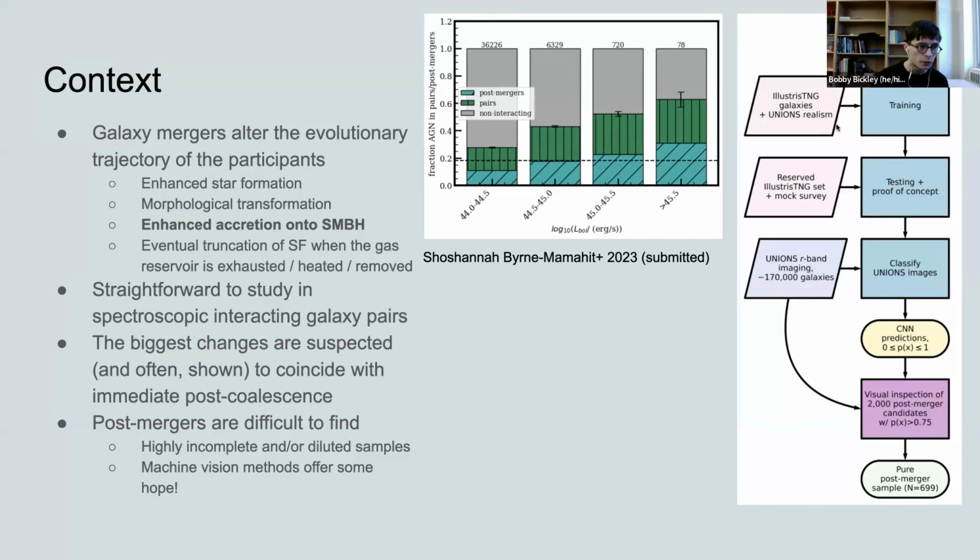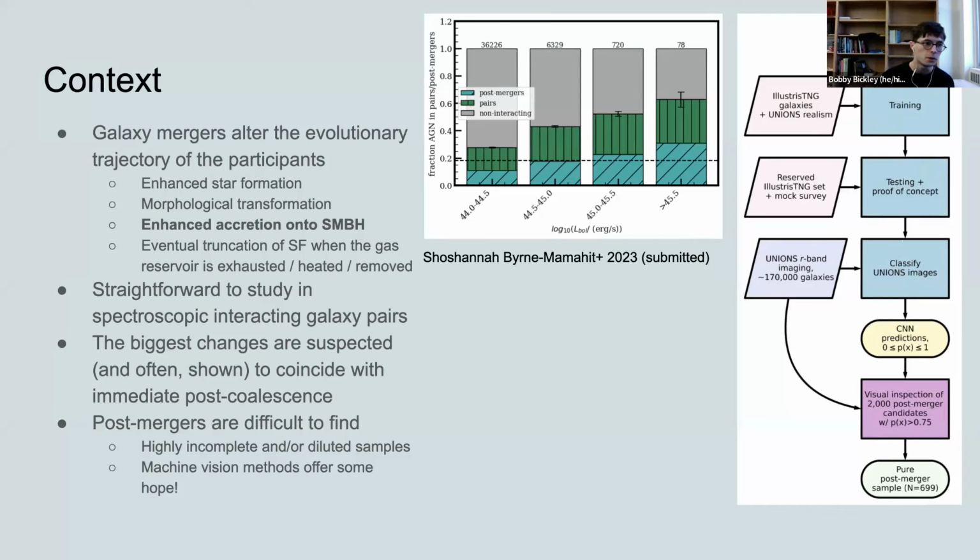And we use realism-added versions of those images to train a neural network, which we then apply to imaging from UNIONS, which is a conglomerate survey in the northern sky.